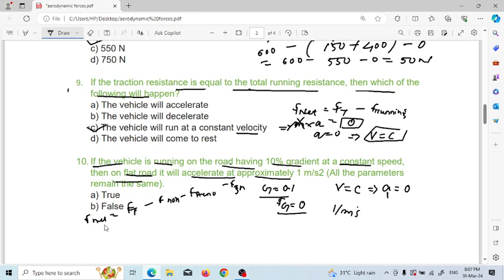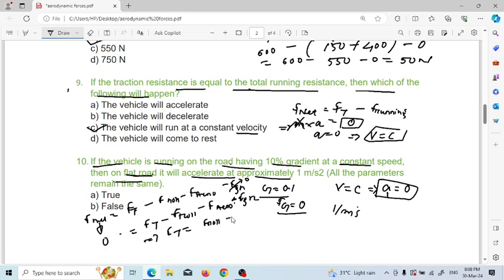Due to constant speed, acceleration of the vehicle is 0, so F net will be 0, and F traction is equal to F rolling plus F aerodynamics plus F gradient.